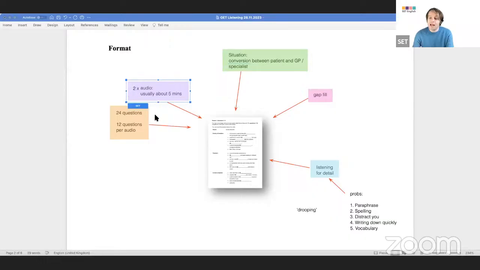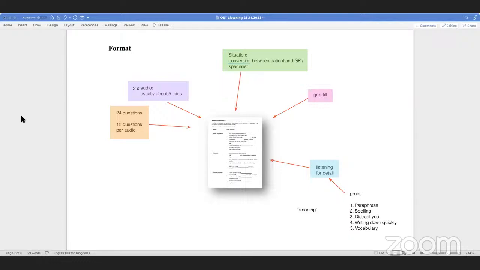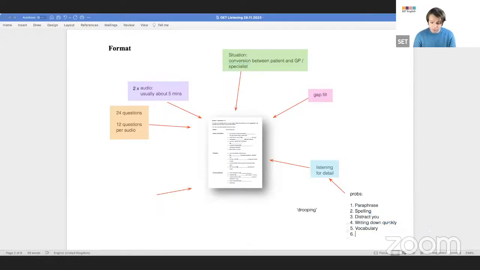Two audios, gap fill, listening for detail, 12 questions each, always a conversation between GP and specialist. Yeah, I want to ask this. Go on. So if the symptom is like palpitations, it should be plural with S. If you put it without S, that one is wrong, right? Definitely. So look here, plurals, because OET.